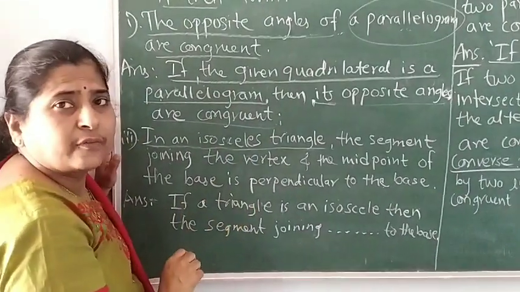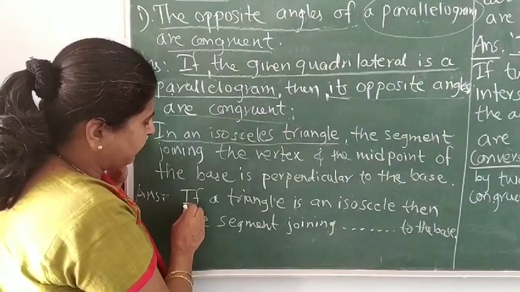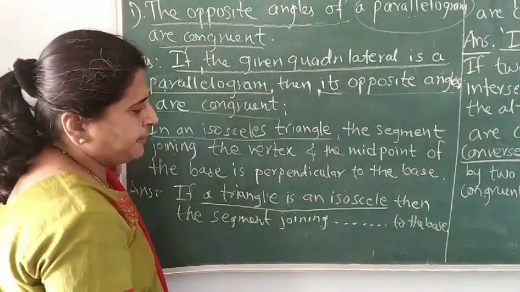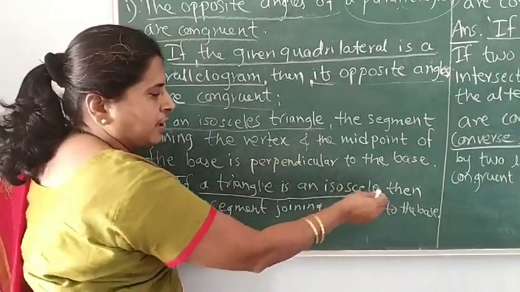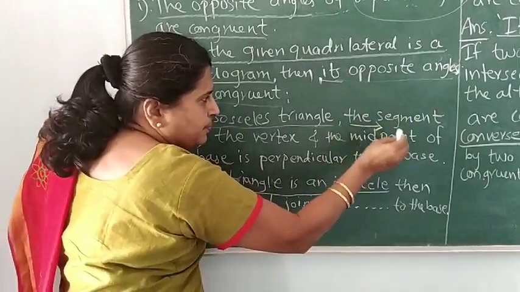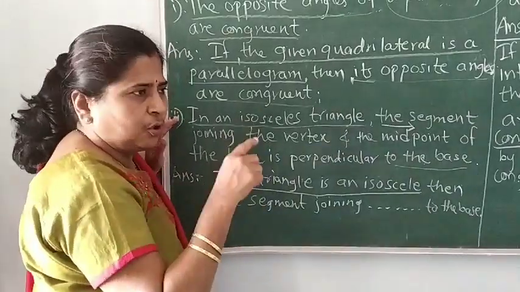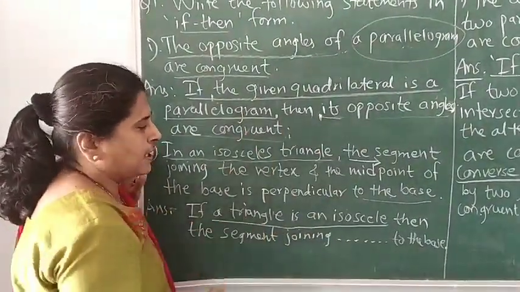So how should we start our given statement in the conditional form? We should start with: if a triangle is an isosceles. This is the condition. If it is fulfilled, then what? Then we will copy exactly all this part from here till here. Whether you understand or not, you can write this and get the required statement.